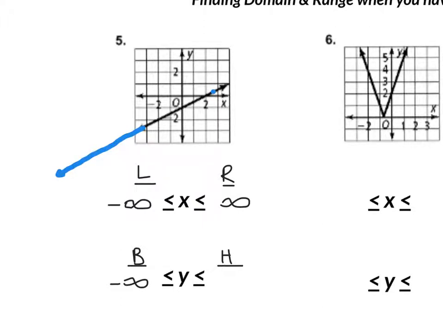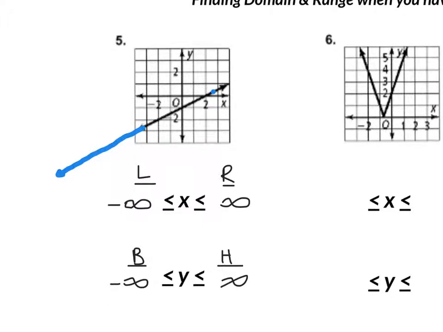And then if I follow it above, I want to know how tall is the graph. So when I follow this guy all the way up here, again, I don't know what number this is. So this is going to be positive infinity because it's in the positive direction. And you just figured out your domain and range.